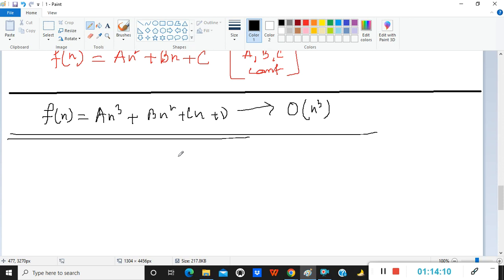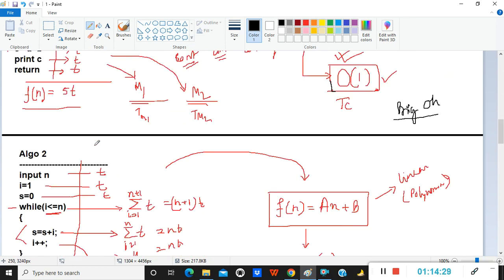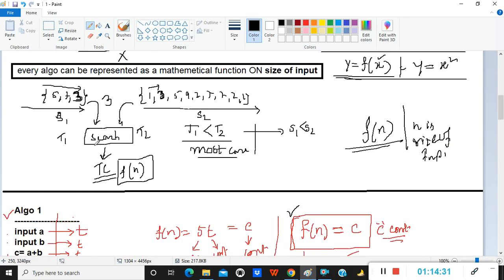Okay. So in this way, you can represent every type of algorithm. You are representing the algorithm as a mathematical function. Today's class is to consider the representation of an algorithm in its respective mathematical function.